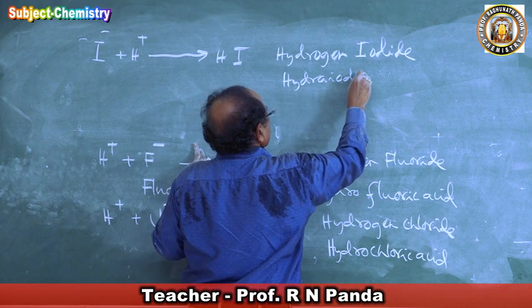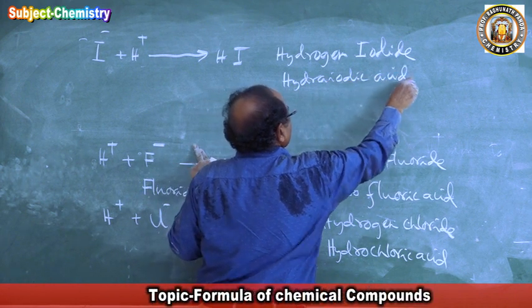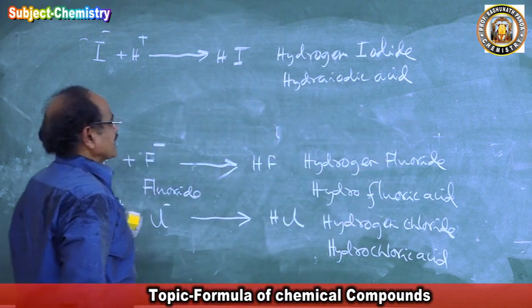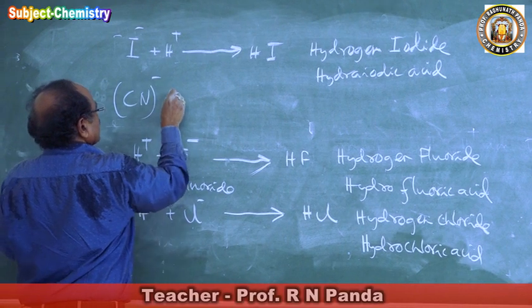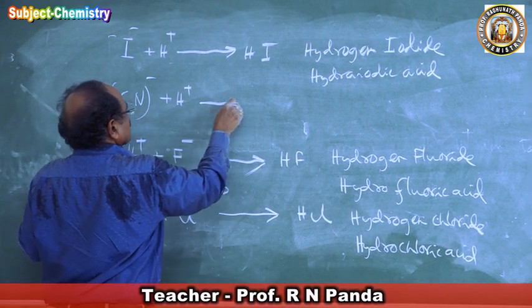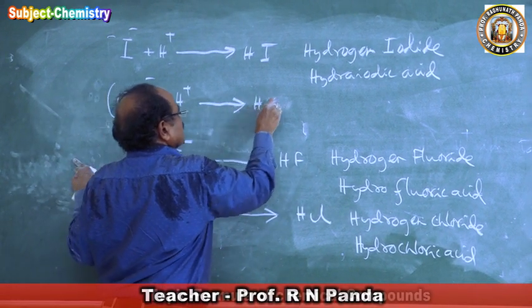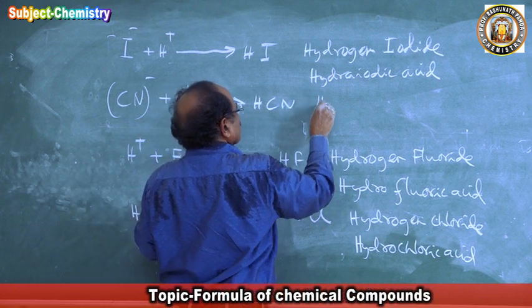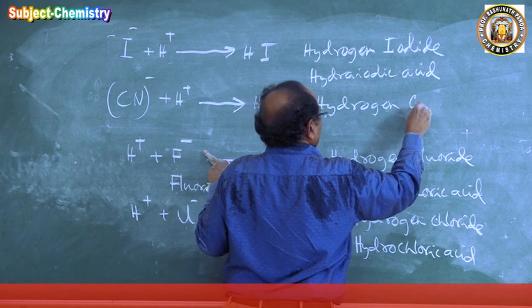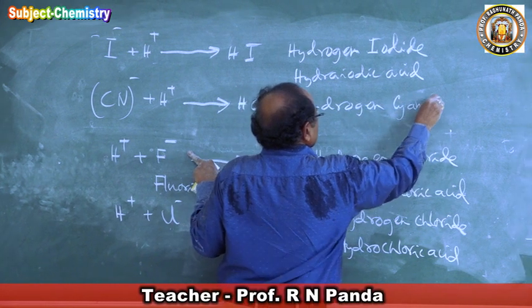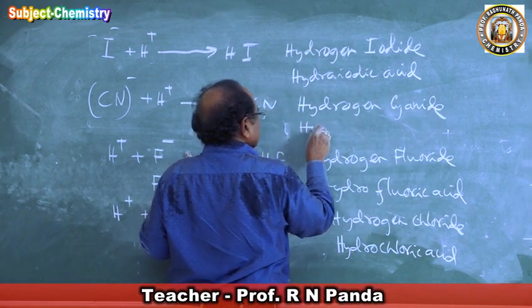Similarly, we have CN minus and H plus. This gives HCN. The compound name is hydrogen cyanide, and as an acid it is hydrocyanic acid.